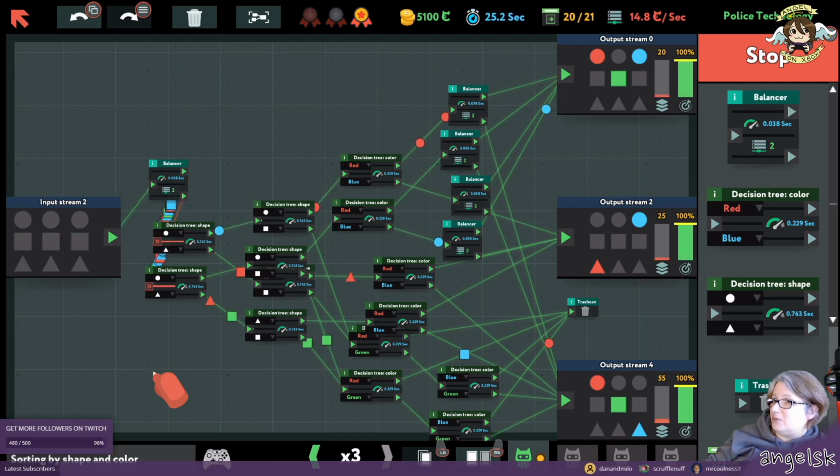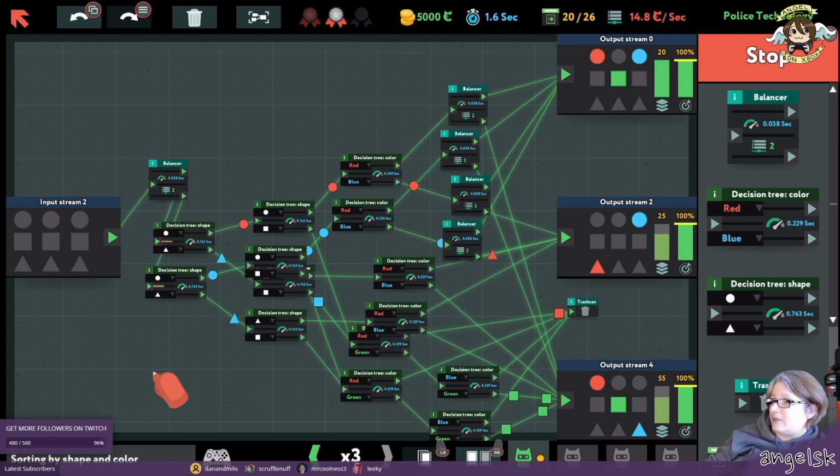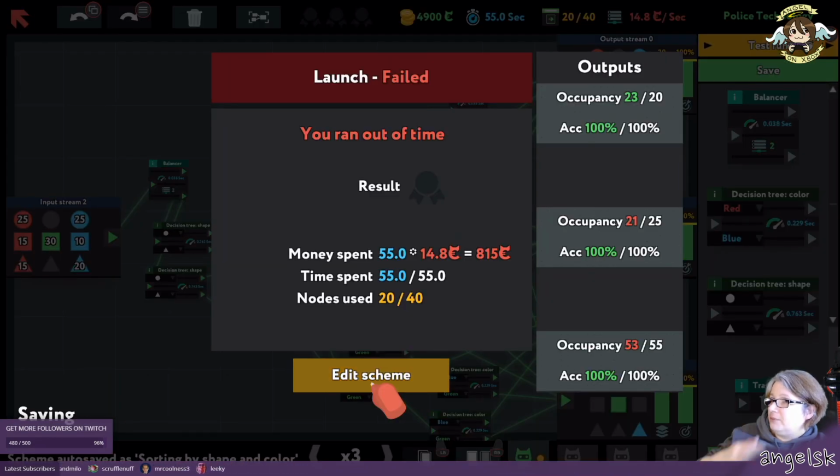Oh my god, it's going to be so much easier now I've got the fast forward. I did 3 times speed. I think it's going to get us a silver, but... Nope, we ran out of time still. That is frustrating.